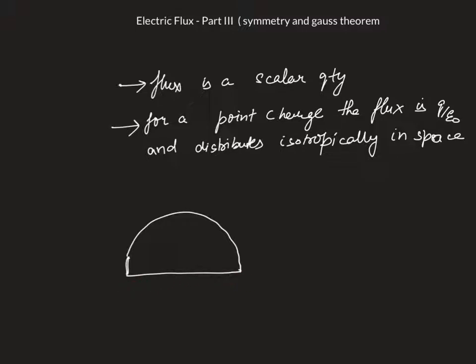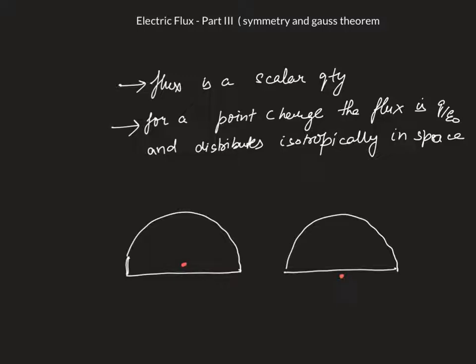And we are going to ask a few questions here. The first question is, what if I put a charge just inside the hemisphere? What will be the flux through the hemisphere? What if I take another hemisphere and put a charge just outside the hemisphere?